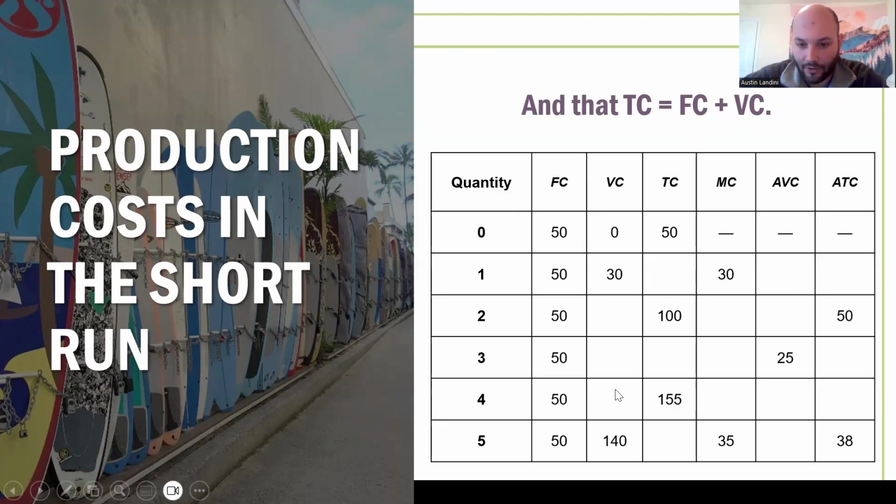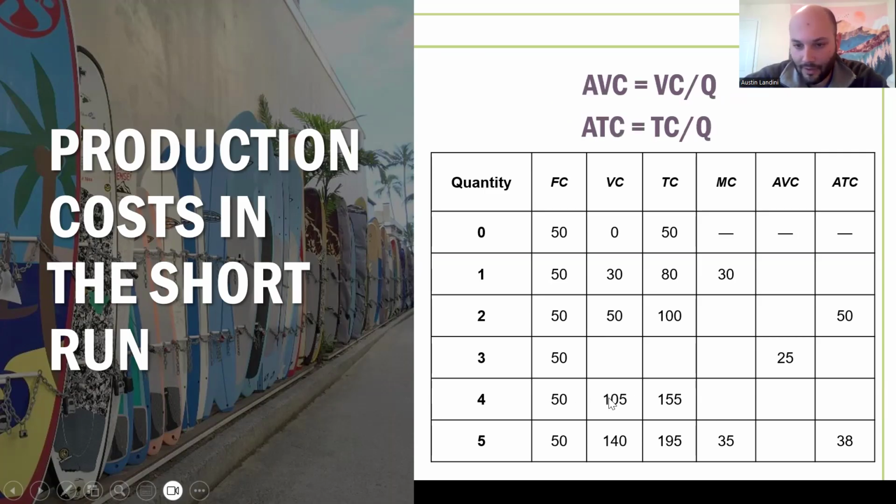So there's a couple spots on the table that we can fill in here. We know for the quantity of 1, our total cost will be 80, fixed plus variable. We know that if the total cost is 100 and 50 of it was fixed, 50 must be variable. Or here, the difference is 105, right? So we can fill those in.